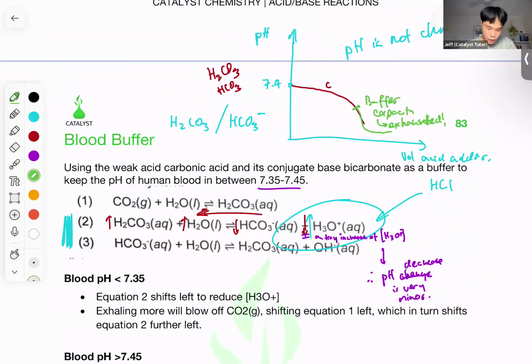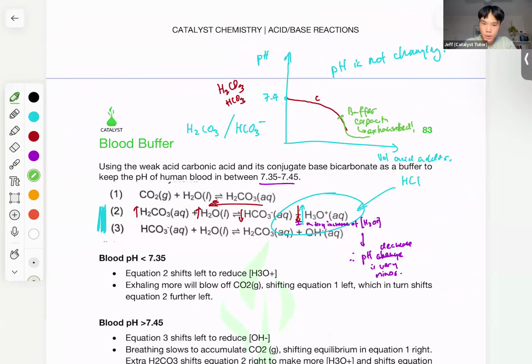And you can do the same for explaining when you add a base through either of these equations, the flow is the same. You talk about if I added an acid, so if I added X, what change in H3O plus or OH minus does it cause? How does the buffer resist?